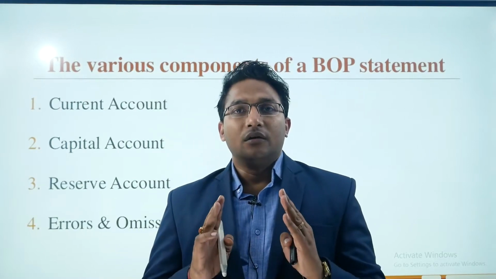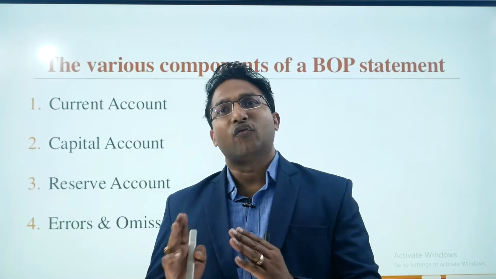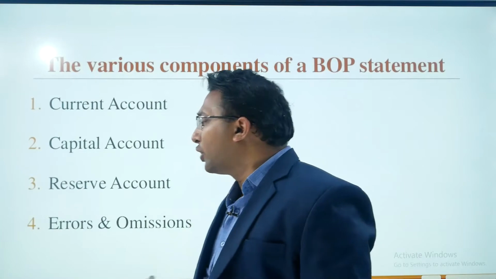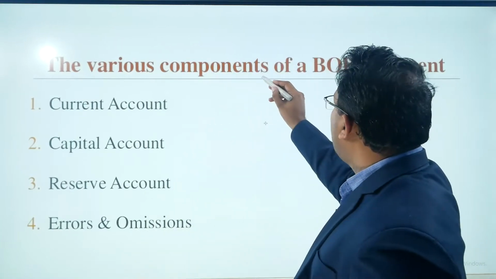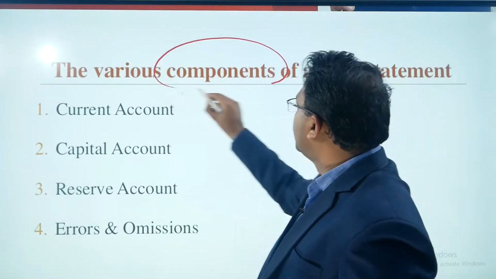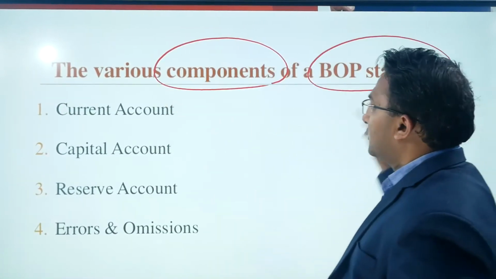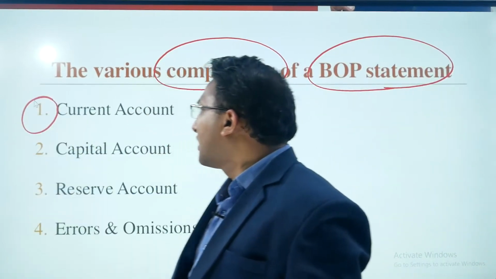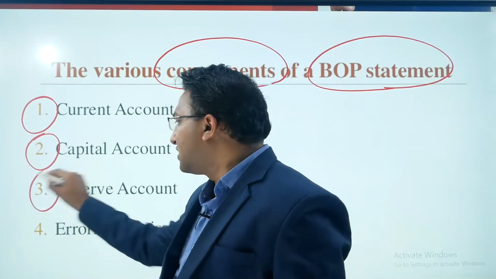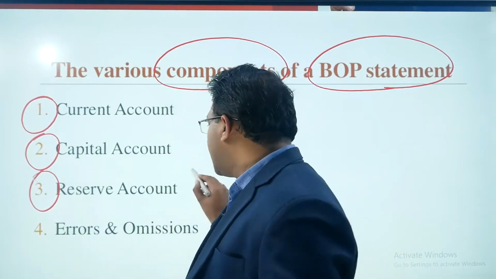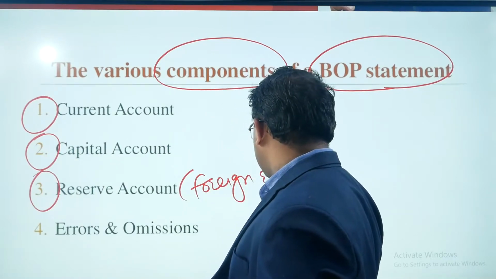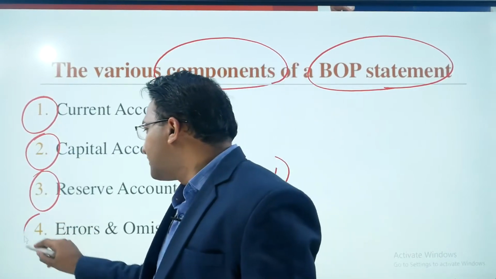So friends, from the discussion that we did so far, we can conclude that the components of the BOP statement include number 1, the current account transactions; number 2, capital account transactions; number 3, the reserve account, that is the foreign exchange reserve; and then errors and omissions.